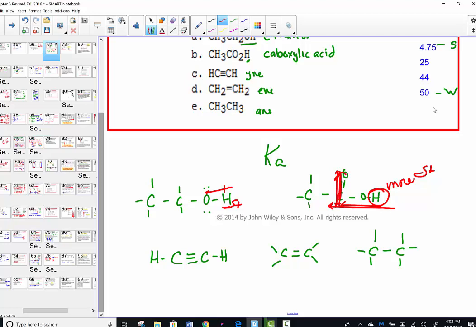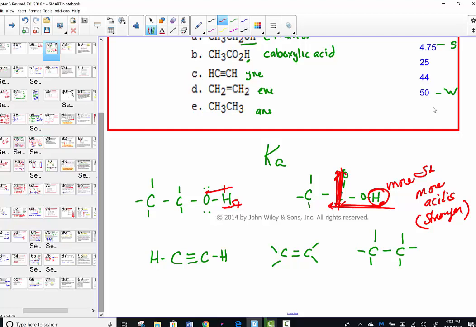So that makes this more acidic. It's a stronger acid, because this other oxygen influences the electron density around the hydrogen. There's more polarity surrounding that hydrogen, therefore it will be more positive.